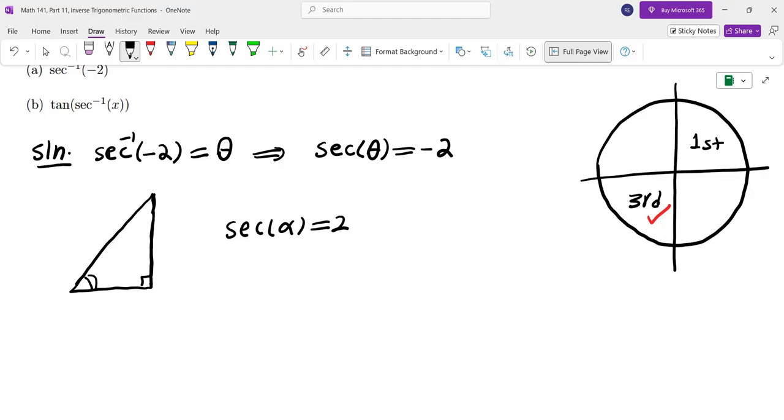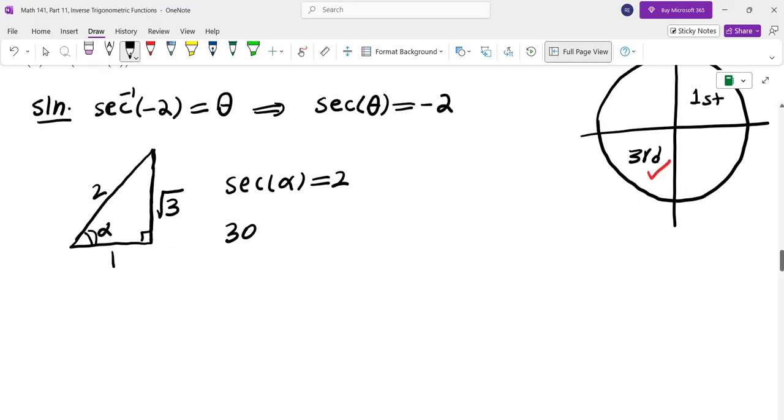So secant equals 2 means hypotenuse over adjacent would have to be 2. We can find the third side of this right triangle by Pythagorean theorem. So square root of 4 minus 1, so root 3. This one is a 30, 60, 90 triangle. So that tells us that alpha is 60 degrees or pi over 3.